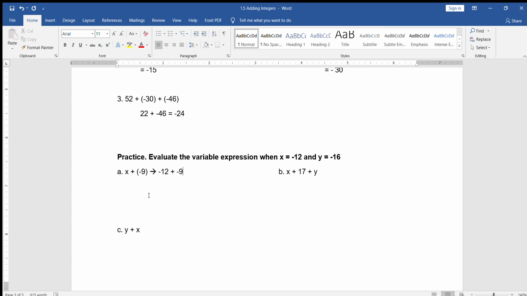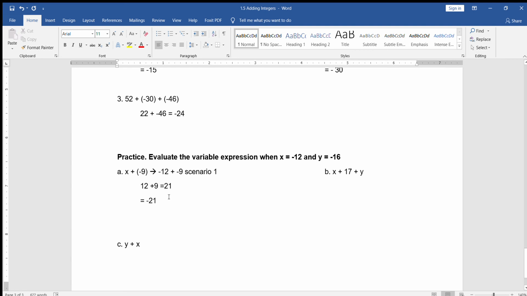And this is scenario 1. Scenario 1 tells us that we're just going to add 12 plus 9, which is 21. But we're not done yet. What is the sign we're going to use? Negative 21.